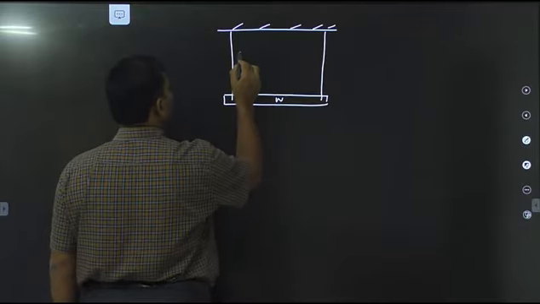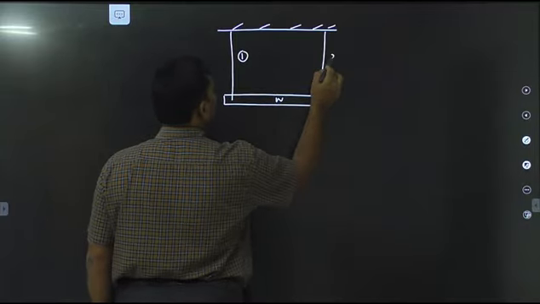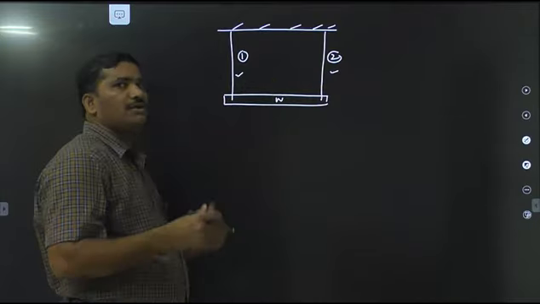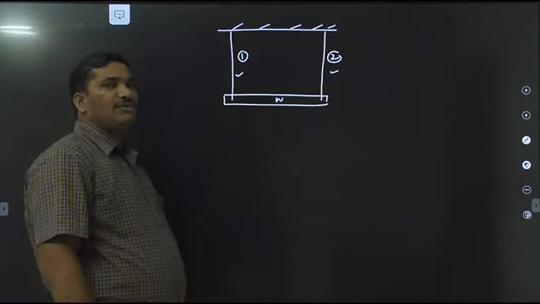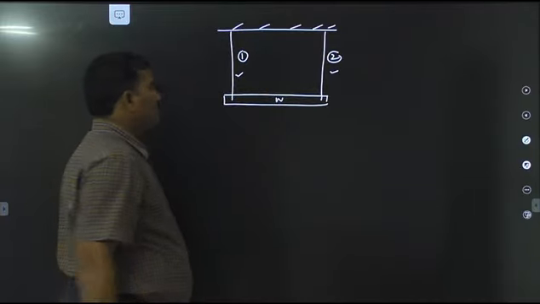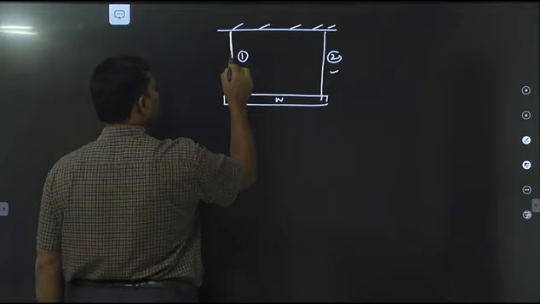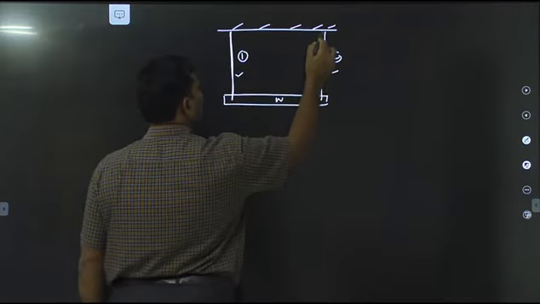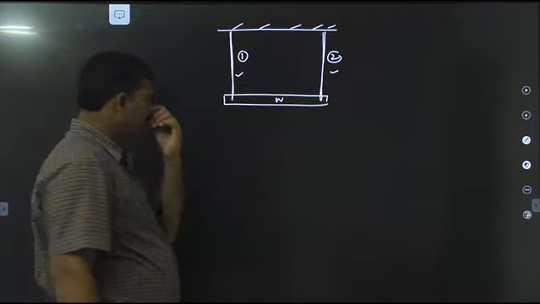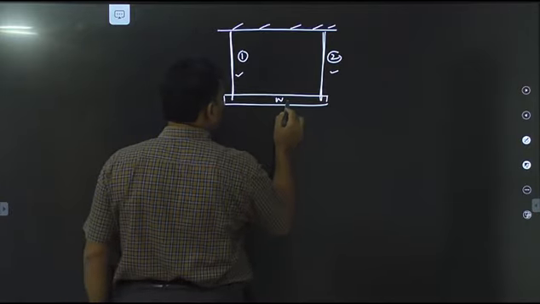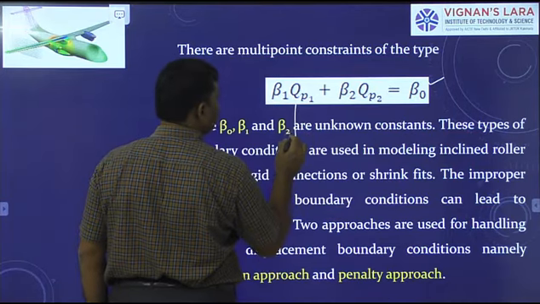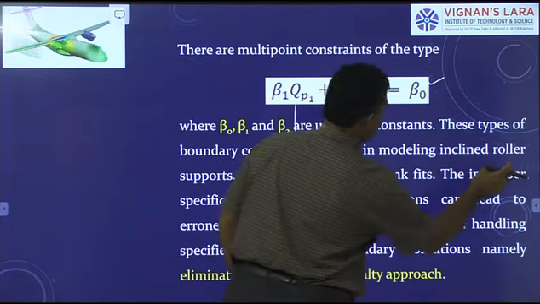This is material 1 and this is material 2. These are the wires, made of different materials. If this is steel, this is copper. This is the wire made of steel and this is the wire made of, say, copper. Assume that a force is acting here like this.